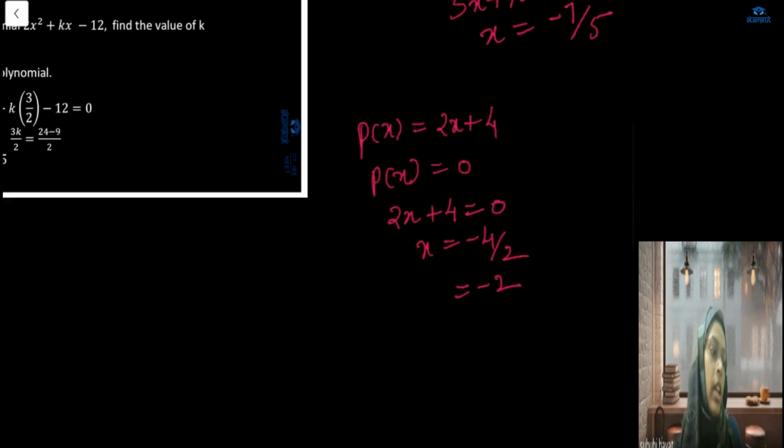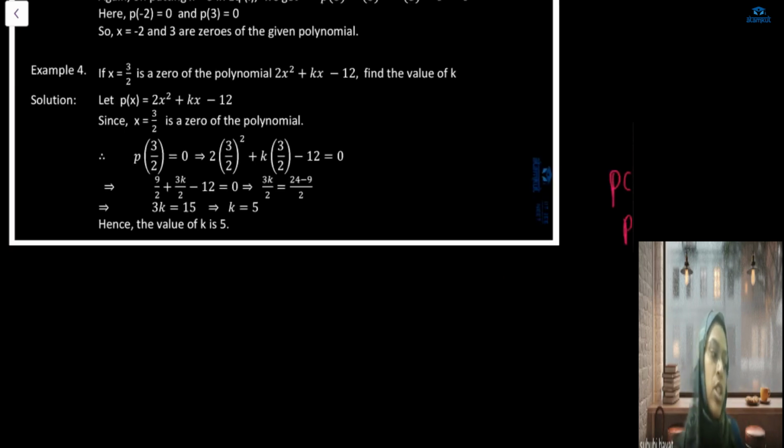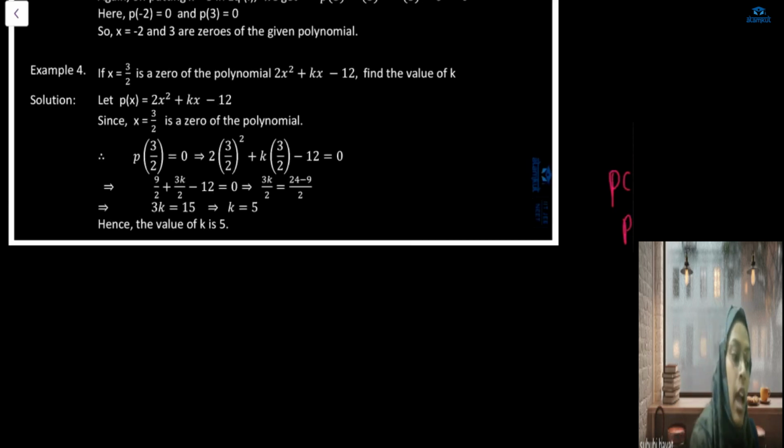Now let's see the third type of question. If x is equal to 3 by 2 is the zero of the given polynomial, find the value of k. So if this number is the zero of the polynomial, then you have to find out the value of k.